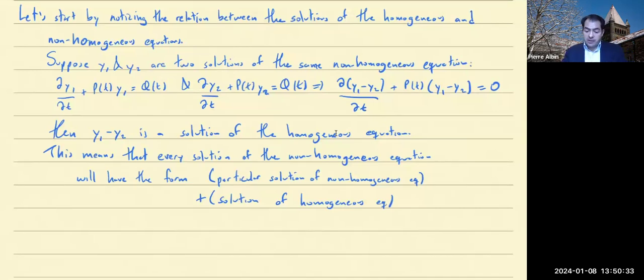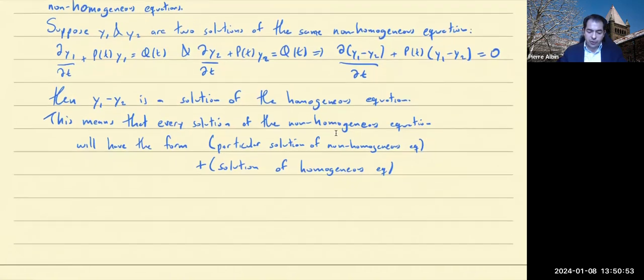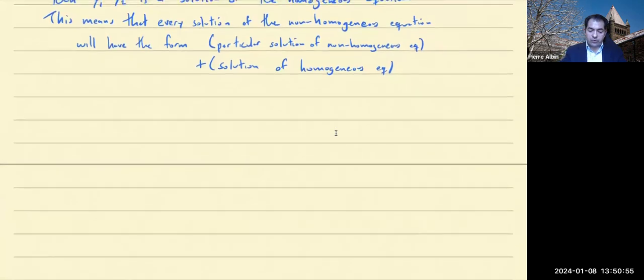So to solve the non-homogeneous equation, all we need to do is find one solution of the non-homogeneous and then add to that all of the solutions of the homogeneous equation. And if we do that, then we will have found all of the solutions to the non-homogeneous. Okay, so we should start by looking for the solutions of the homogeneous system.